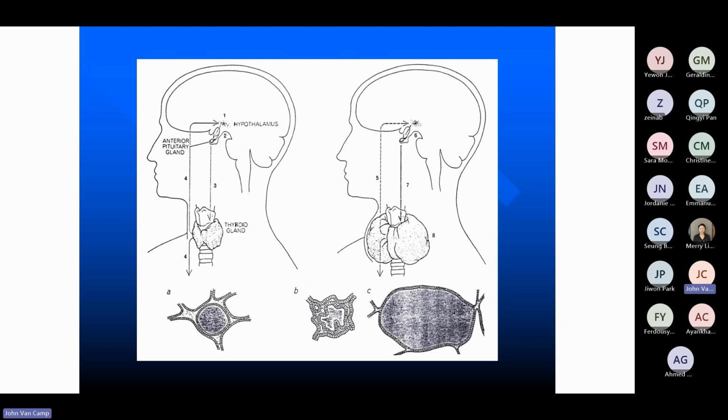On the right side, you can see a disturbed situation whereby there is not enough iodine in the human body. In that case, you can see that initially we still have production of thyroid hormones, but as soon as the iodine amounts are lost or not sufficiently present, there's no release of hormones anymore.